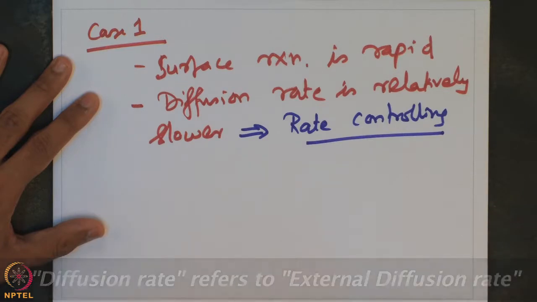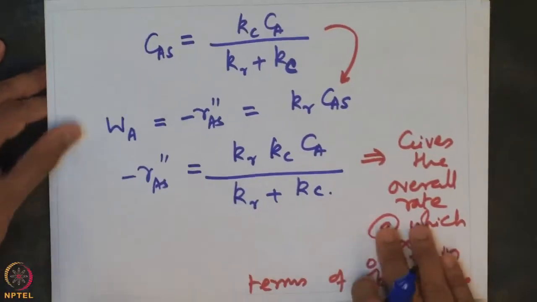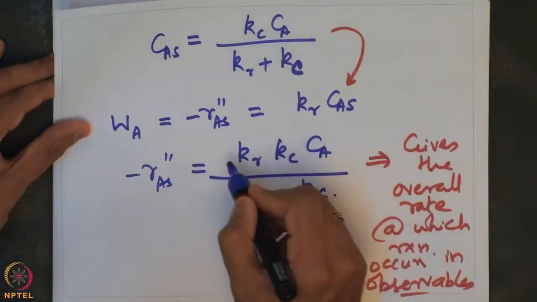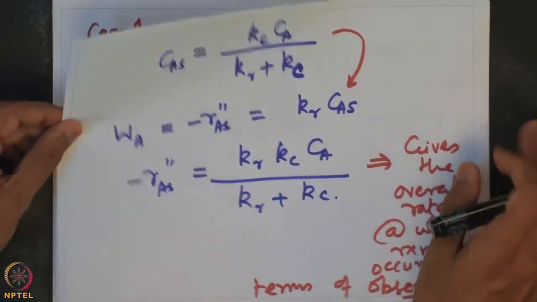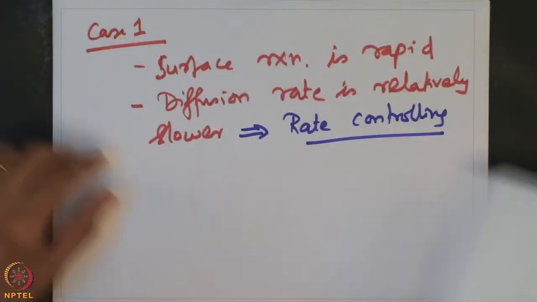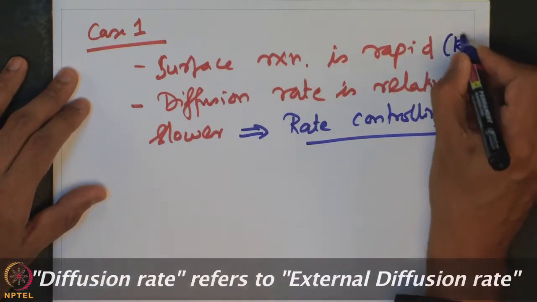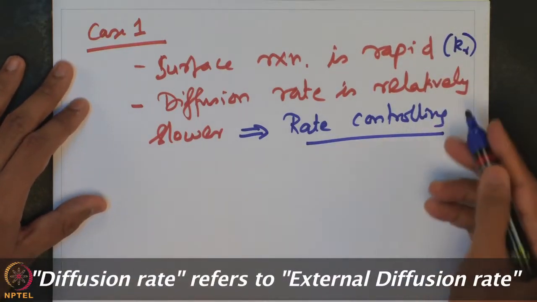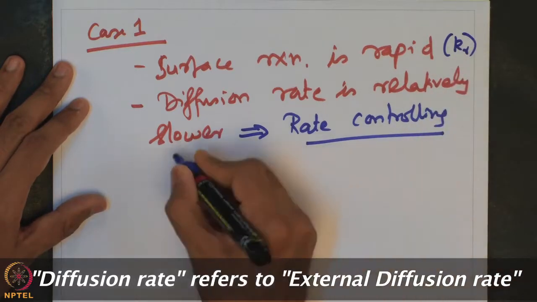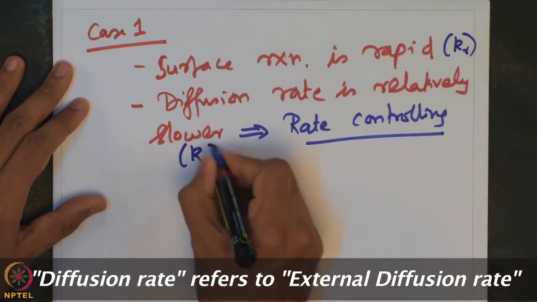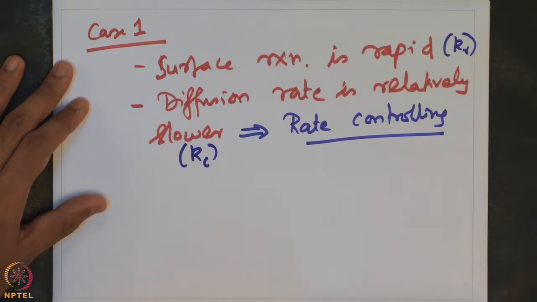We saw that the overall rate at which the reaction happens is essentially given by this expression. So, how can we capture these two observations? The surface reaction is quantified by the surface reaction rate constant Kr, and the diffusion rate is quantified by the mass transport coefficient Kc.